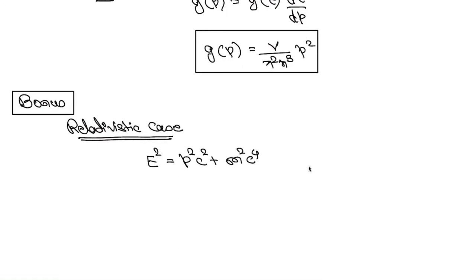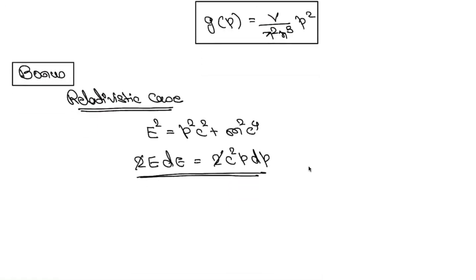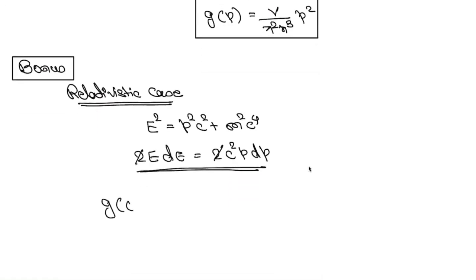And if we differentiate it, it becomes 2E dE equals 2 C square P dP. 2 will cancel out and we have this relation. And using this relation, you can find out g(E). How can you find out g(E)?